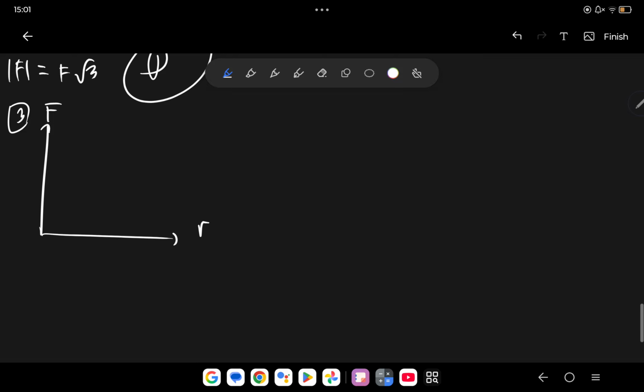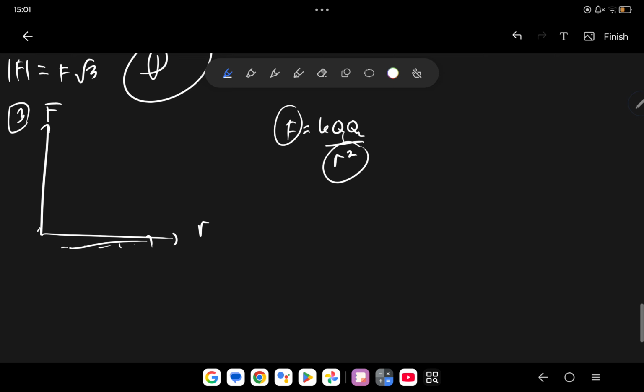Okay, hold on. Let's write the equation first. F on top, r squared on the bottom. So if r gets bigger, if r goes to the right, then F will go smaller.